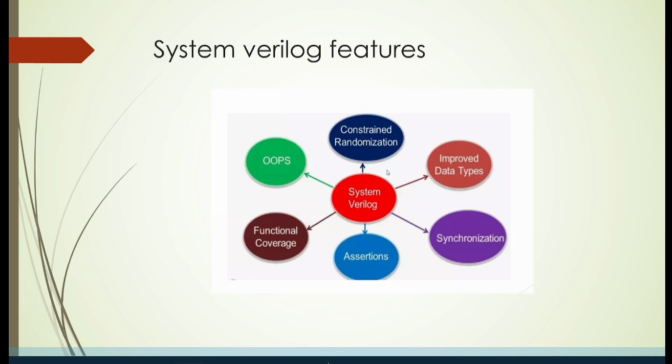Synchronization is nothing but the synchronization between test bench and DUT. The way SystemVerilog synchronizes the test bench and DUT is far better compared to Verilog. Right? So these are some of the advanced features in SystemVerilog which make it the only option for verification.